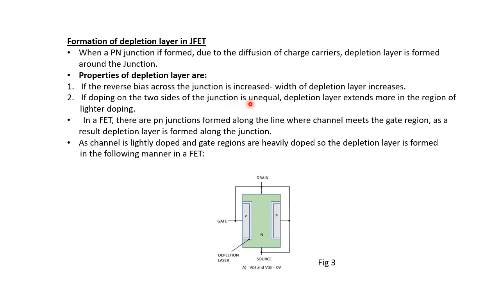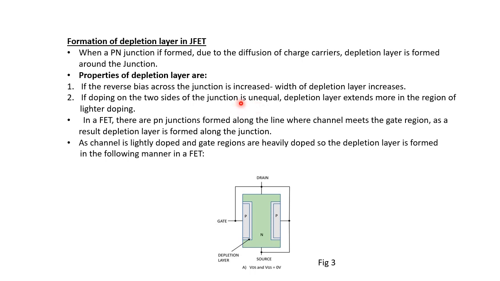And the second is that if the doping on the two sides of the PN junction is unequal, that is, on one side the doping is light and on the other side the doping is heavy. Doping means the concentration of impurity.